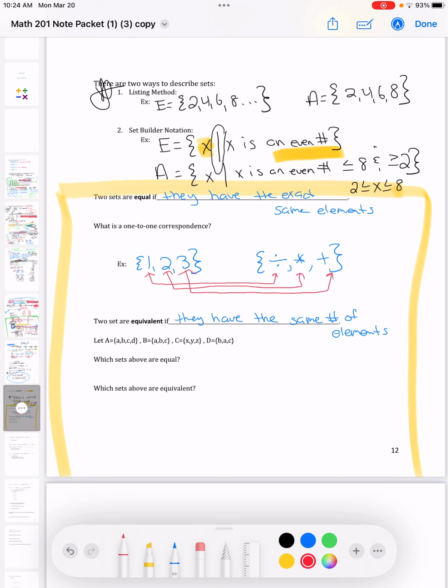So everybody gets a partner. It's like finding your field trip partner. Everybody gets one. If everyone has a partner, nobody's left over, then we have this one-to-one correspondence. And what this one-to-one correspondence does is it shows that sets are equivalent.